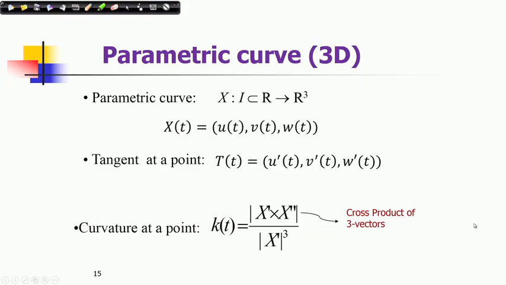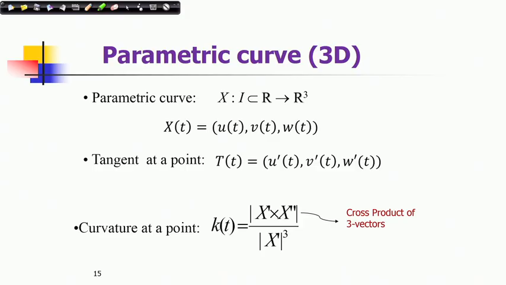Now, let me consider the parametric curve representation in 3 dimensions. Like 2 dimensions, all these notations are simply extended in this context, where the parametric curve representation is a mapping from a 1 dimensional real space to a 3 dimensional real space.